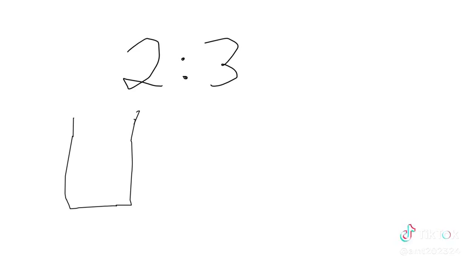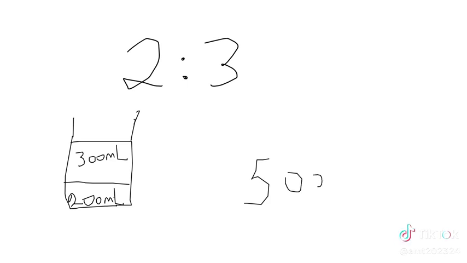So I might want to fill, let's say, 200 milliliters of blackcurrant squash, or orange squash, or whatever flavored squash that you like to drink, and then I want to add to that 300 milliliters of water, to make sure that it's not a very strong taste. So this is the idea of a ratio. So in total, I've got a 500 milliliter drink of squash that is actually what I call diluted.